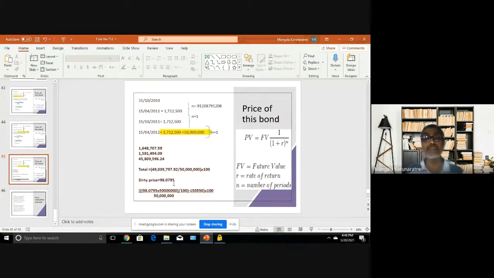Now you have this dirty price, right? So you want to know the dirty price of this bond, I mean the full purchase consideration, the full dirty price. Now we have calculated the dirty price for 100 units.